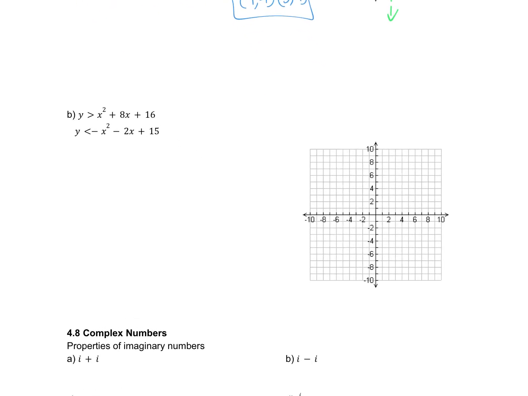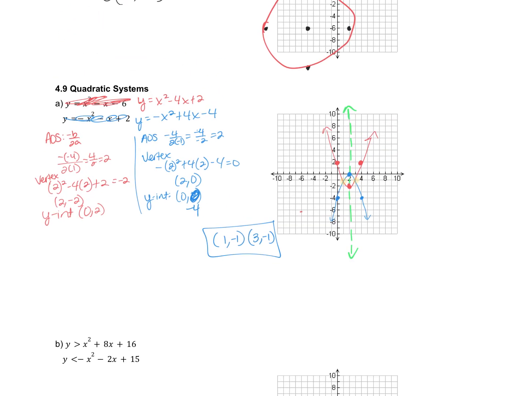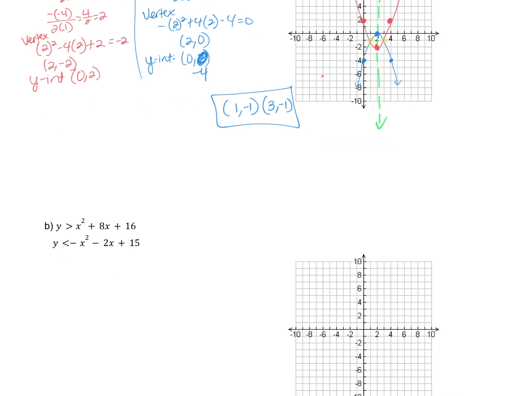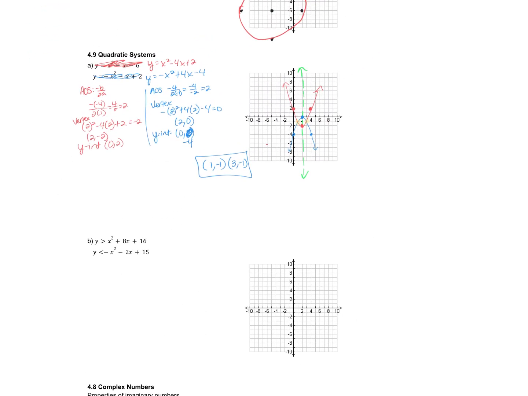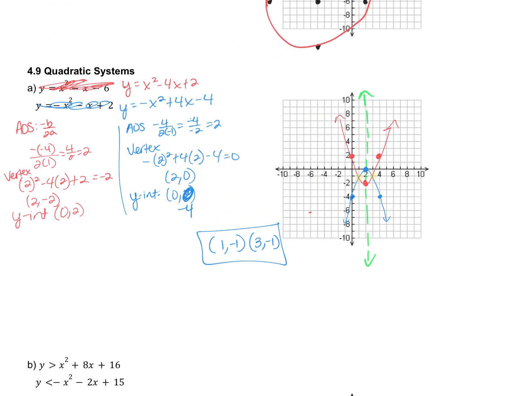Alrighty, and then here we go. Actually, here's what I'm going to do. For this problem, I don't want to waste the time in the video to go through all of that to graph these two again. So what would happen if I changed this blue symbol to greater than or equal to, and then I changed the other one to greater than or equal to?